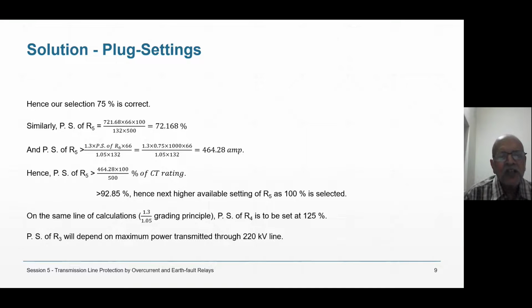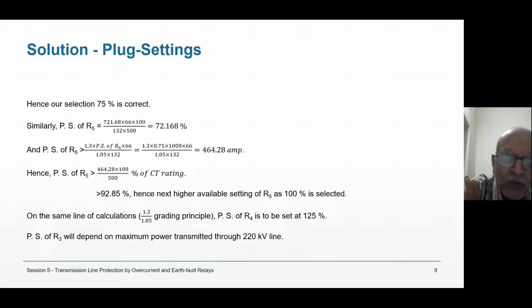But if I consider 1.3 divided by 1.05 into PS of R6, which is 1000 times 0.75 into 66 by 132, it gives me 464. So 464 gives me 92.85%. 92.85 is more than 72.168. Therefore, I will consider 100% here.